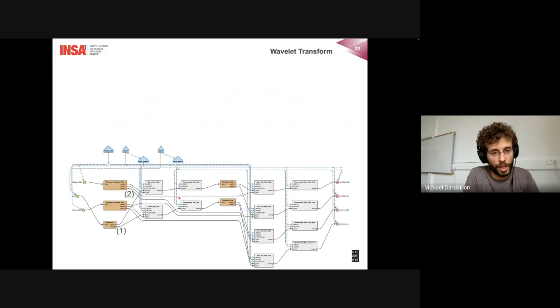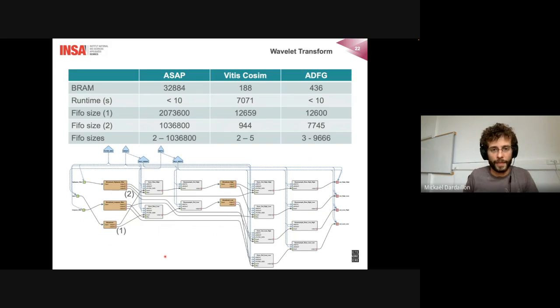There are a lot of undirected cycles, where we are going to have FIFOs connected between the different actors, which are going to store intermediate results, which are going to be quite expensive. And here the ASAP implementation is using a huge amount of data once again, but it gives us a reference and makes sure that all other applications reach the same level of performance.